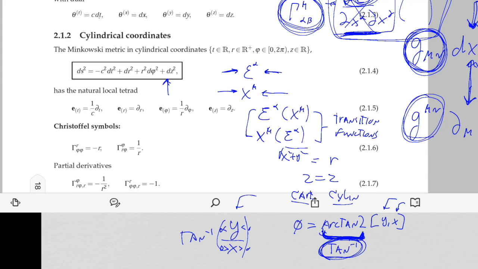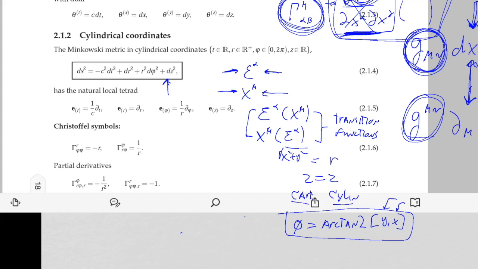So arctan2 figures that out. Instead of putting in just the ratio of y to x, you put in y and x, and arctan2 looks at the signs. That's an important point, and you'll see it in most computer languages. They have arctan2 as the way to calculate it. So these are your transition functions: a transition function for phi, for z, and for r, right?